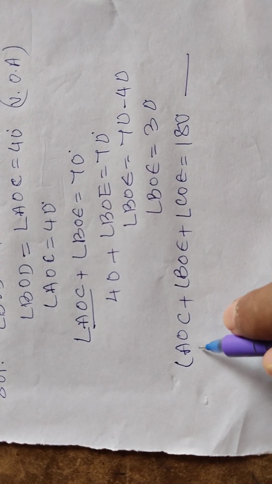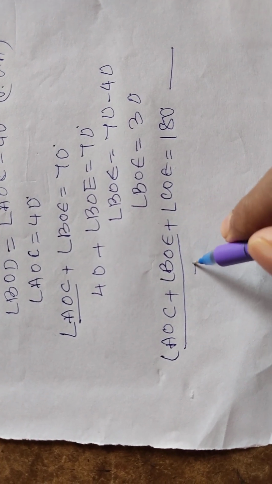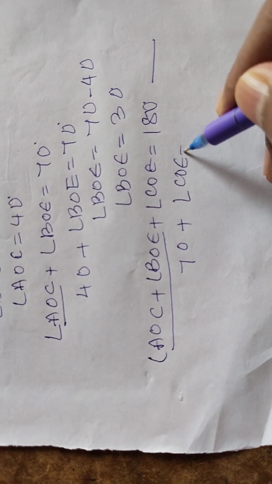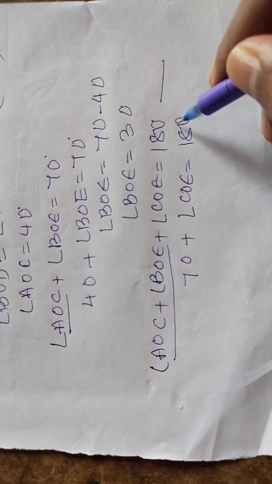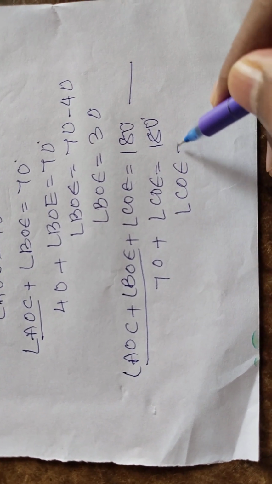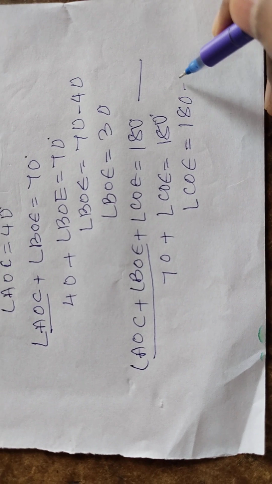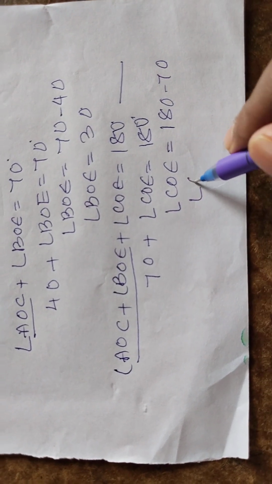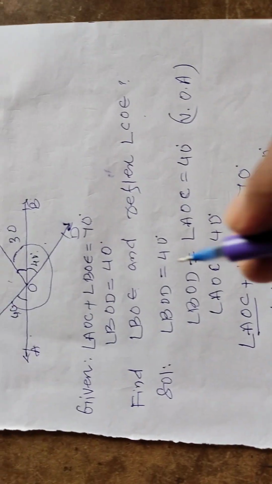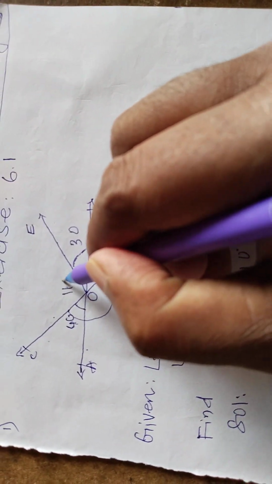Now here we have AOC plus BOE is equal to 70 degrees. We have 70 degrees plus angle COE is equal to 180 degrees. Now we have to find just COE only. Angle COE is equal to 180 minus 70. Angle COE is equal to 110 degrees. Now this is 110 degrees.